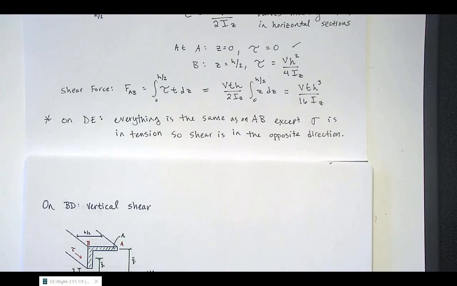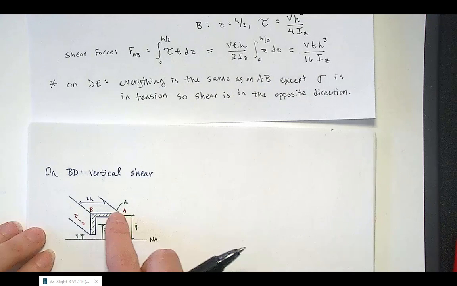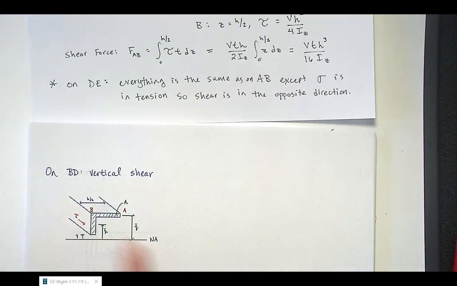So now we just need to find the shear stress distribution on BD, the vertical segment. So here, our B for a vertical segment, business as usual, is defined as the width of the material.